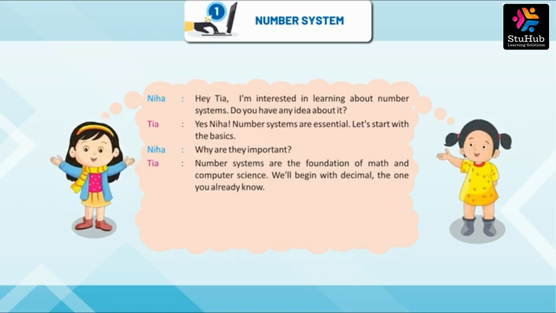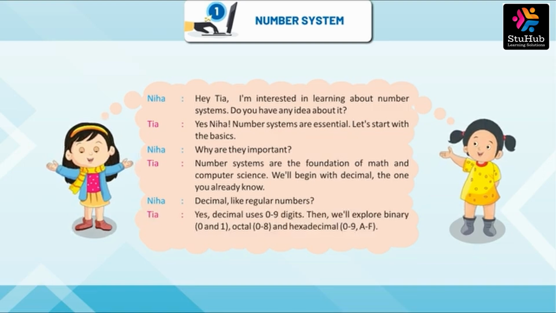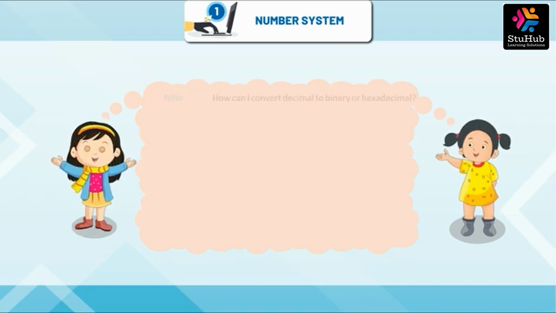We'll begin with decimal, the one you already know. Neha: Decimal, like regular numbers. Tia: Yes, decimal uses 0 to 9 digits. Then we'll explore binary 0 and 1, octal 0 to 7, and hexadecimal 0 to 9 and A to F.